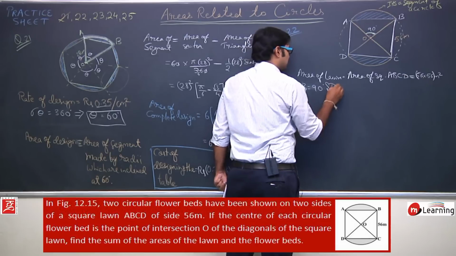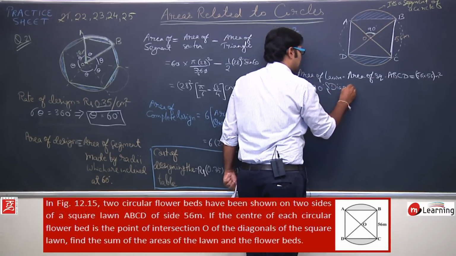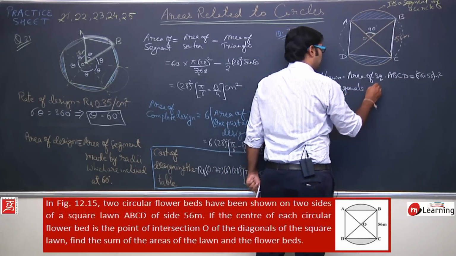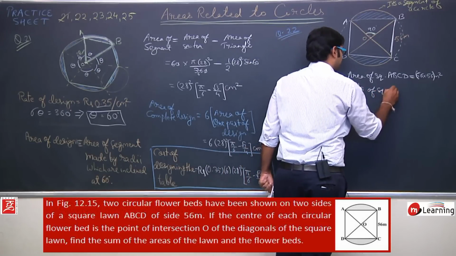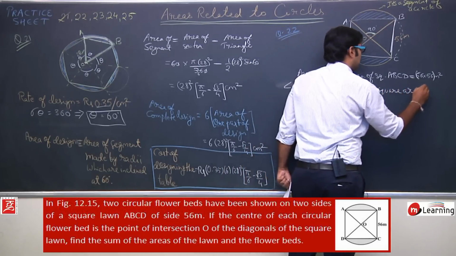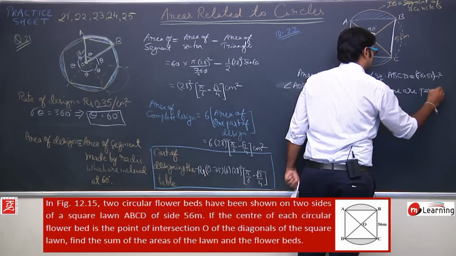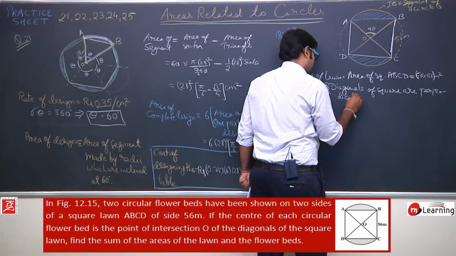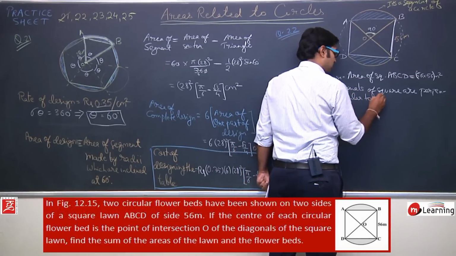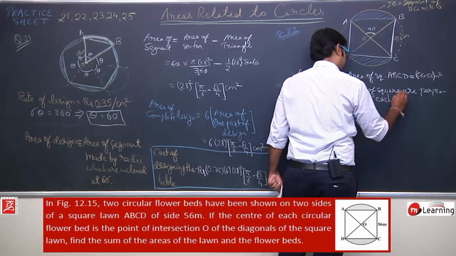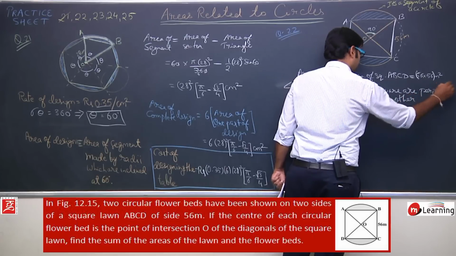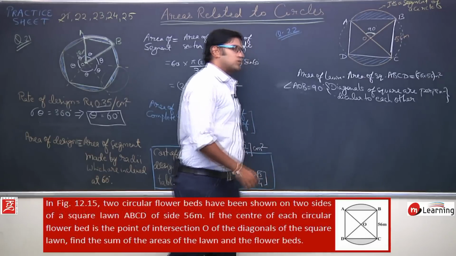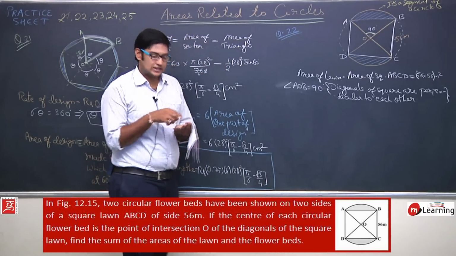It's because diagonals of a square are perpendicular to each other. Diagonals of a square are perpendicular to each other.